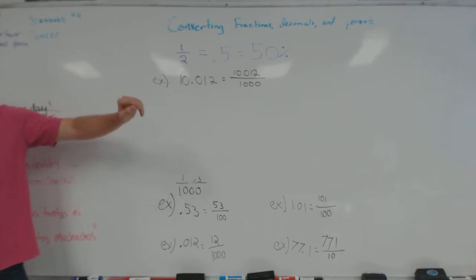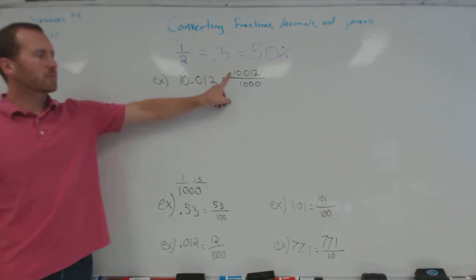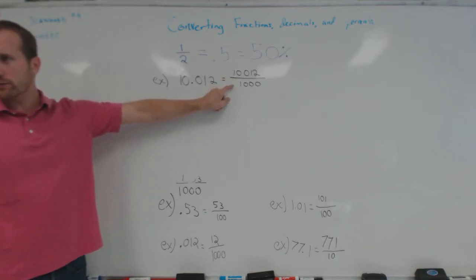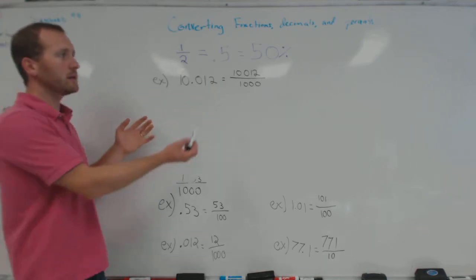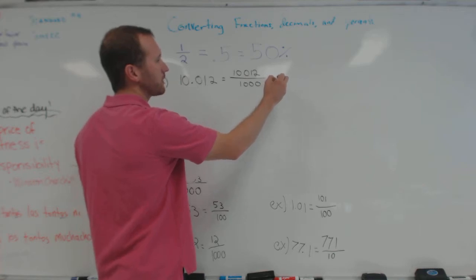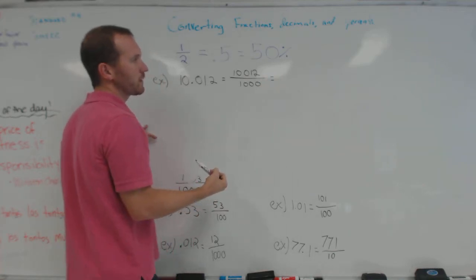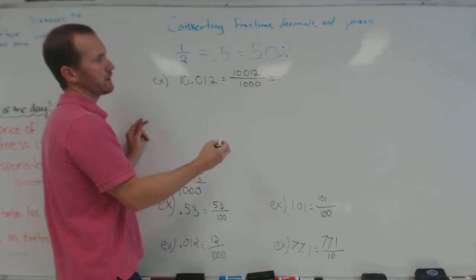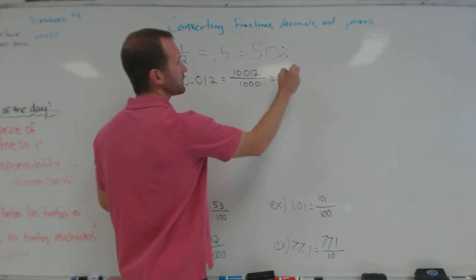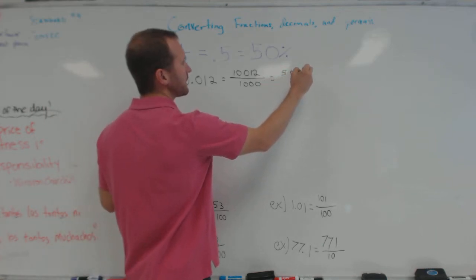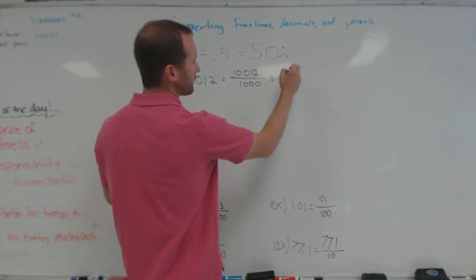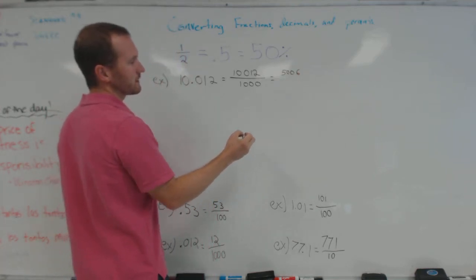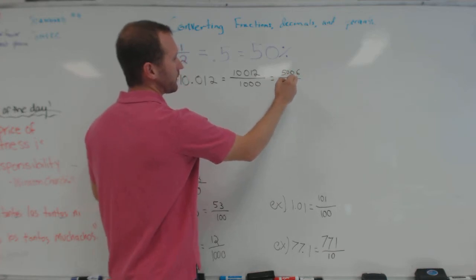Now there is another step to this, which is if I can reduce my fraction, I should. Right? So like in this one, for example, I could take out a 2 from both of those. So then I would have 5,006 over 500.